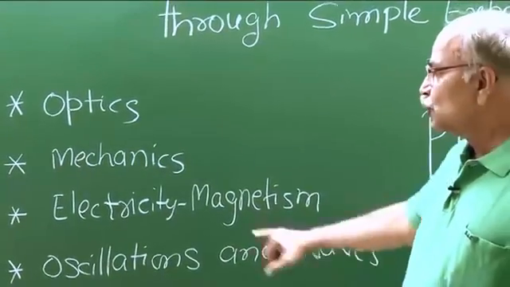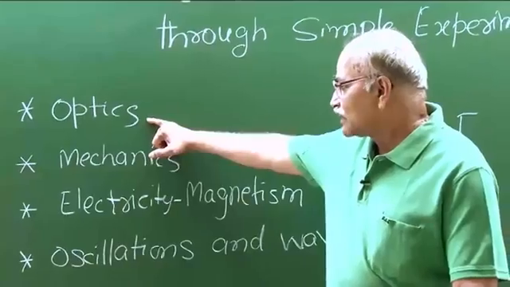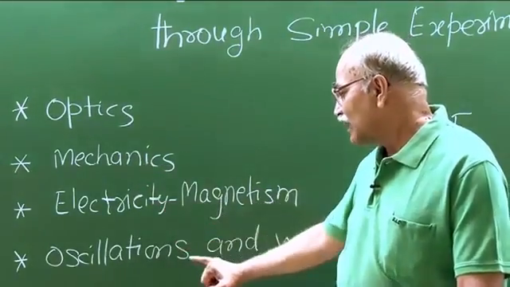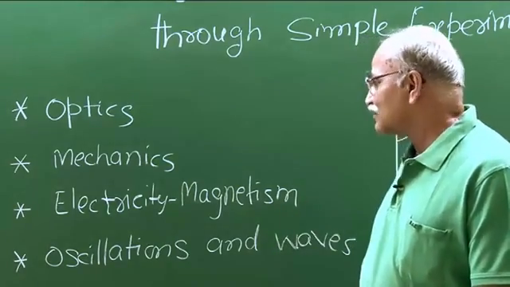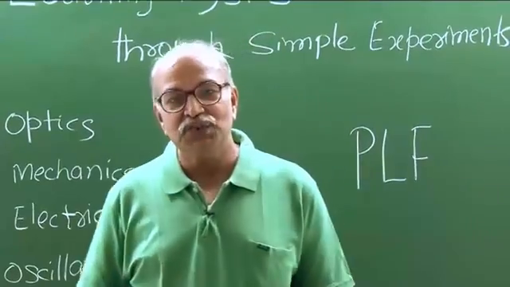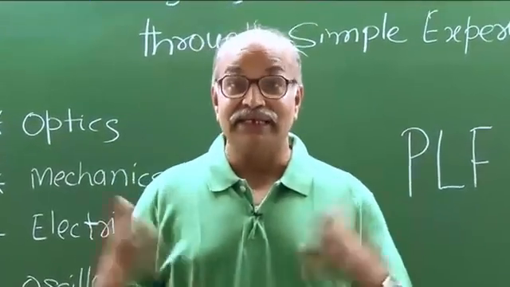So, roughly 2 weeks on optics, 2 weeks on mechanics, 2 weeks on electricity and magnetism, and 2 weeks on oscillations and waves. We will start with our first module, optics, light.